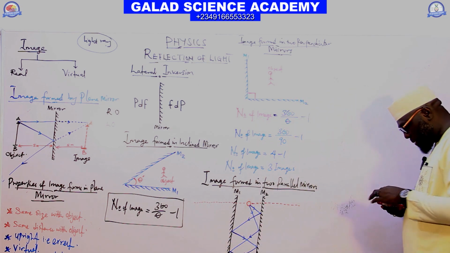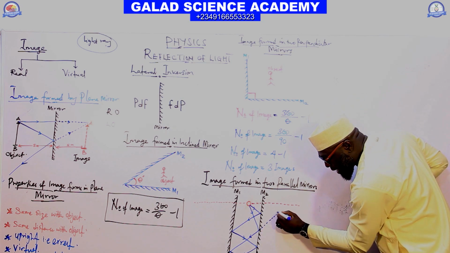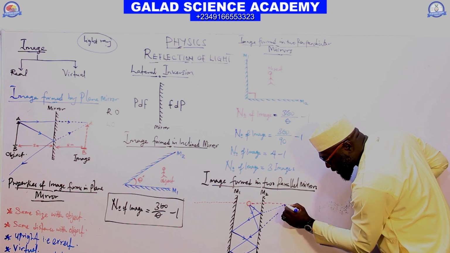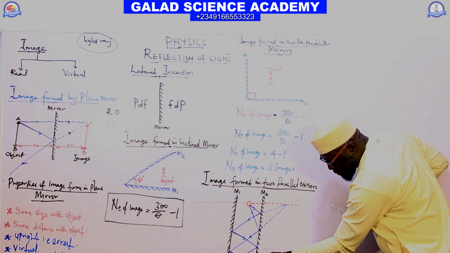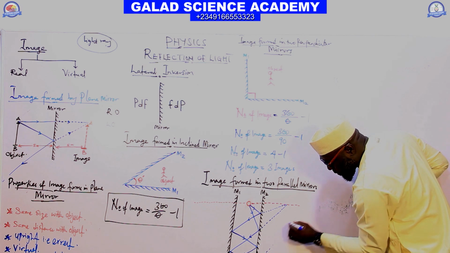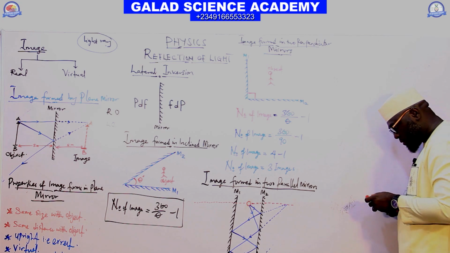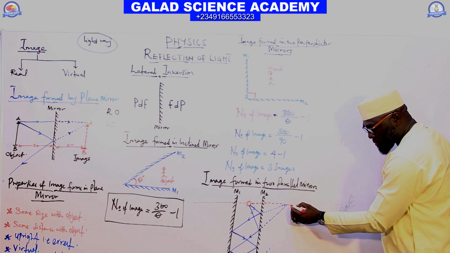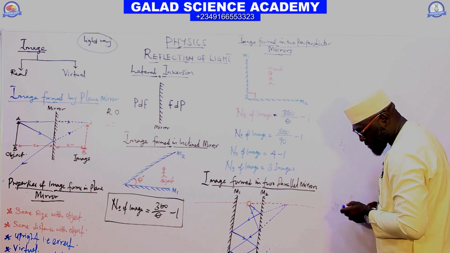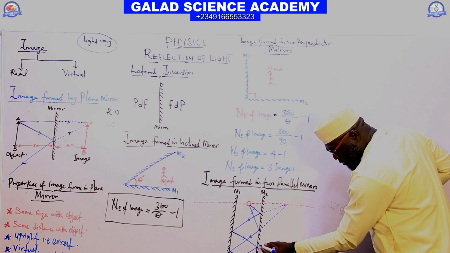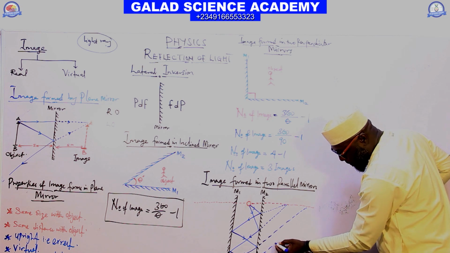So to know the kind of image formed now, you will draw a broken line from here and this point where they intersect. You draw another one like this.